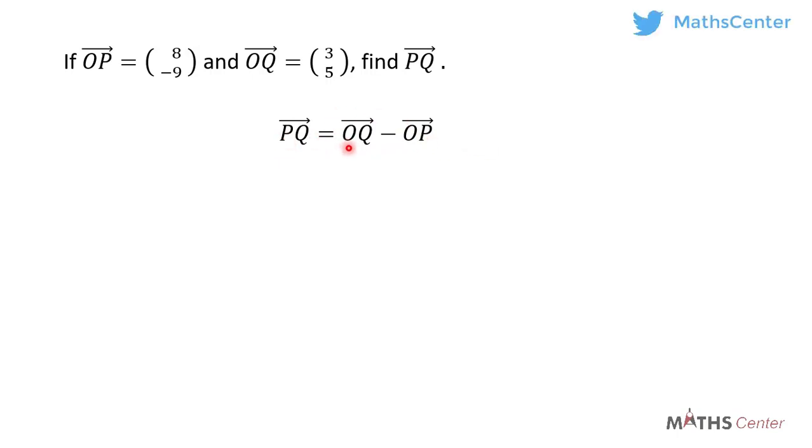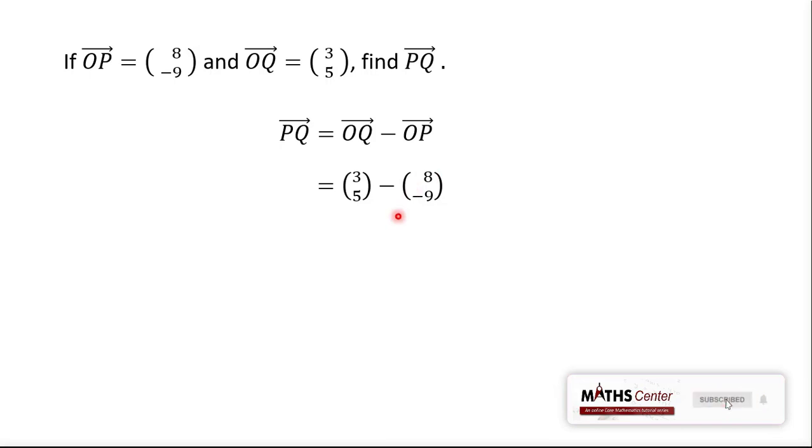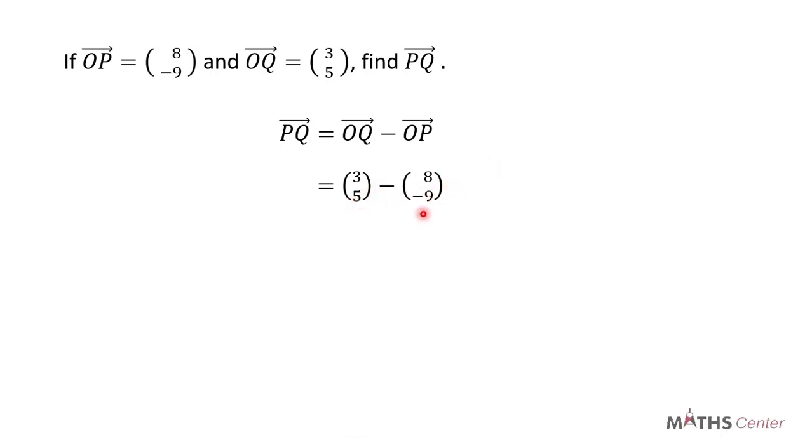We have both the vector OQ and the vector OP, so we will substitute them here. When we do that, we are going to have (3, 5) minus (8, -9). 3 minus 8 will give us -5, and 5 minus -9 will give us 14. So the vector PQ is equal to (-5, 14).